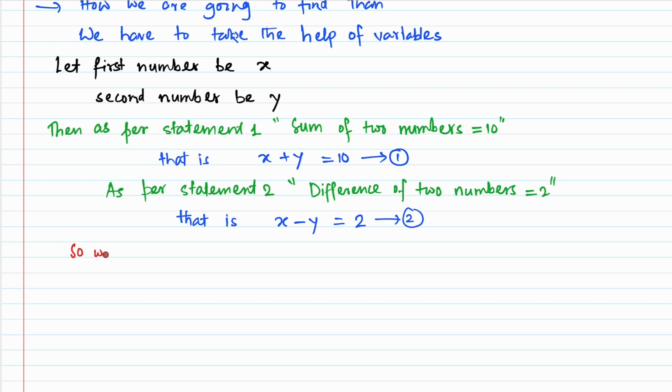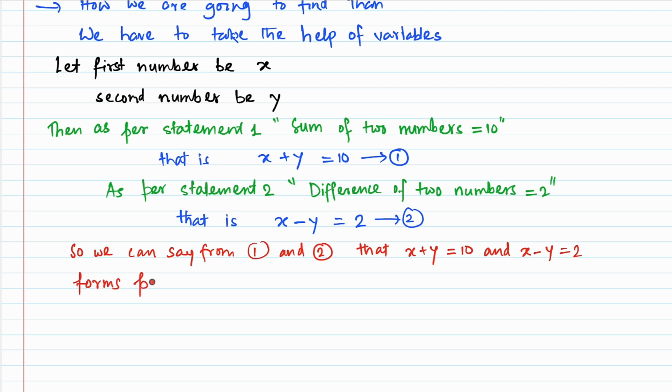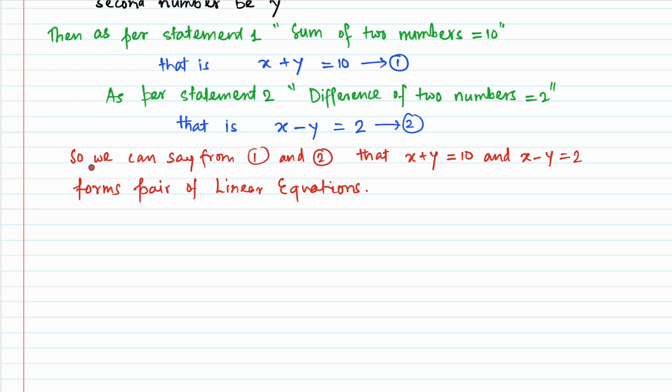Now what we found from these two statements, 1 and 2, is that there are two equations which are linear, having two variables. So they are linear equations of two variables and they form a pair. We can say from 1 and 2 that x plus y equal to 10 and x minus y equal to 2 form a pair of linear equations.